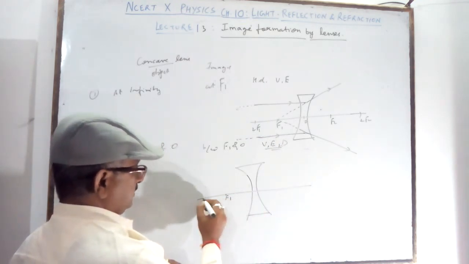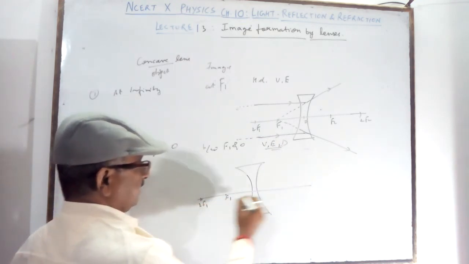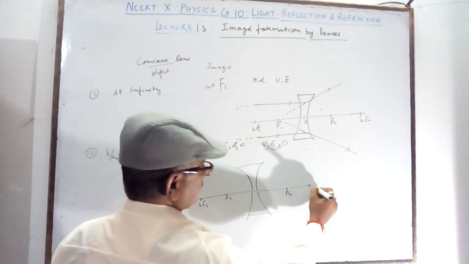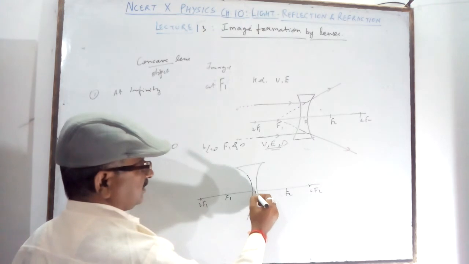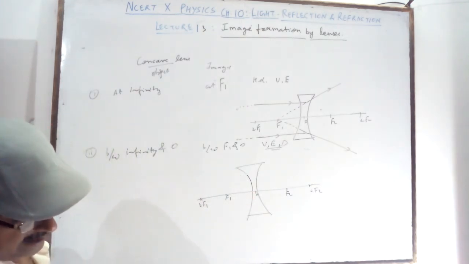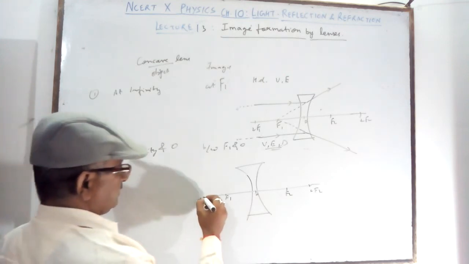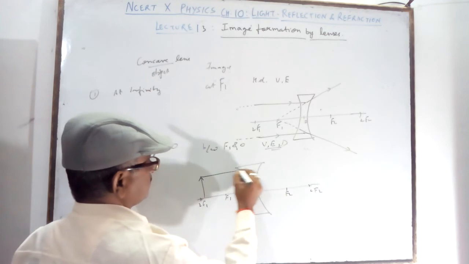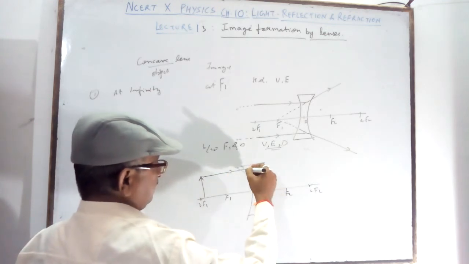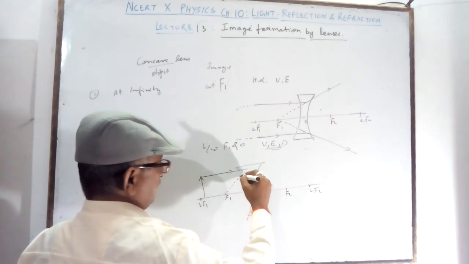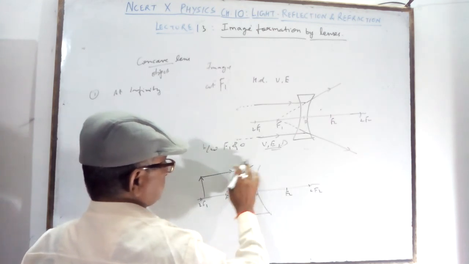Here is f1, here is 2f1, any place, f2, 2f2, optical center. What will you take for this? A very simple ray. The object is at this place, any place. You take a ray which is parallel, and after the lens the parallel ray goes in this direction.